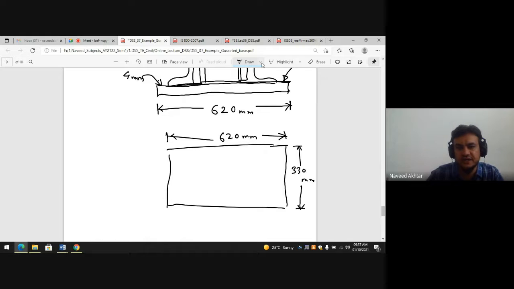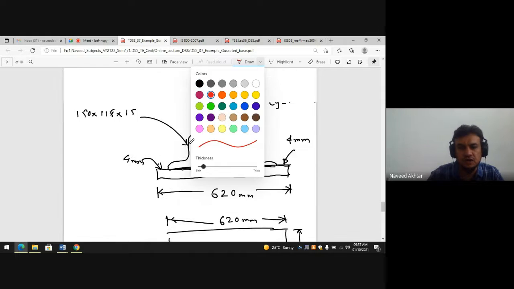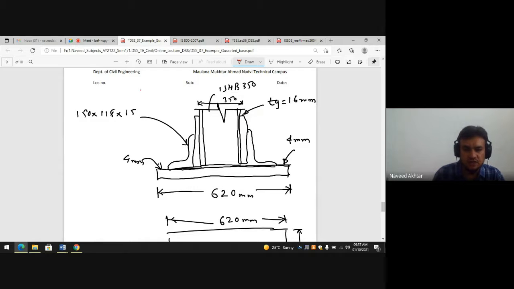Now we know that the critical section for this is nothing but here, on both sides, at the root of the angle, where bending or overturning is possible. The failure may occur at that point due to bending. So this is the critical section I am drawing, section XX, and the CG of your figure will be like this.